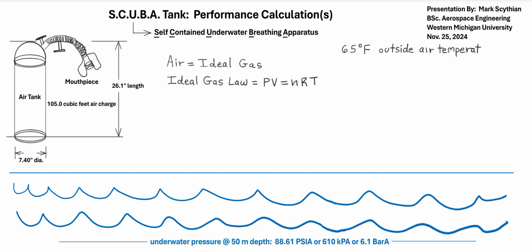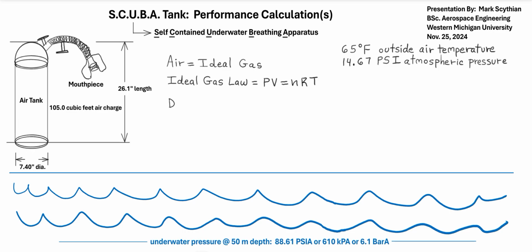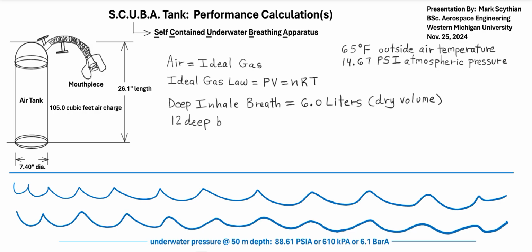So assume that the outside air temperature prior to compressing the air in the tank is 65 degrees Fahrenheit. So we will maintain a constant air temperature while in the tank, because we're not dealing with any polytropic energy curves here. We're just dealing with a constant temperature and an increase in pressure.